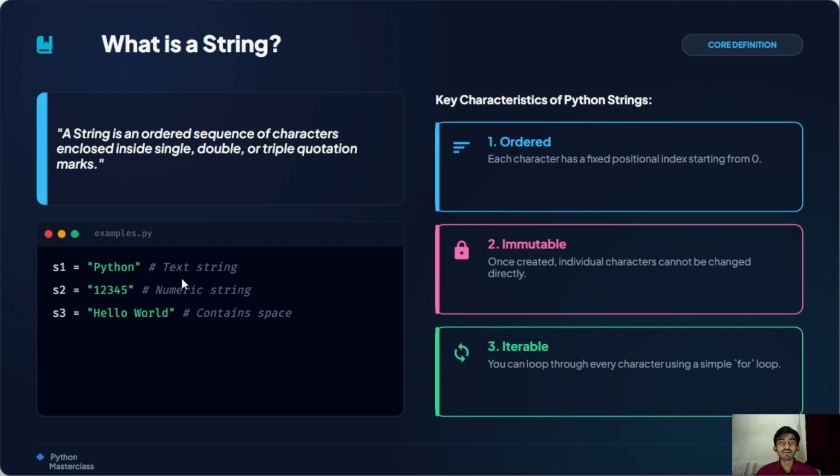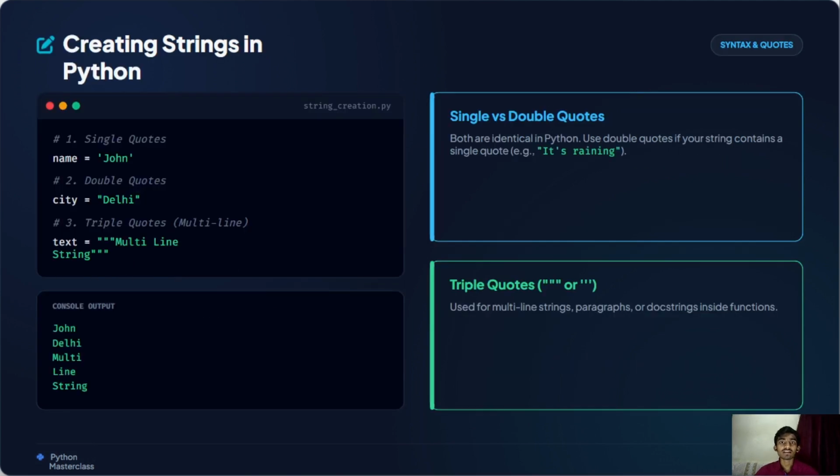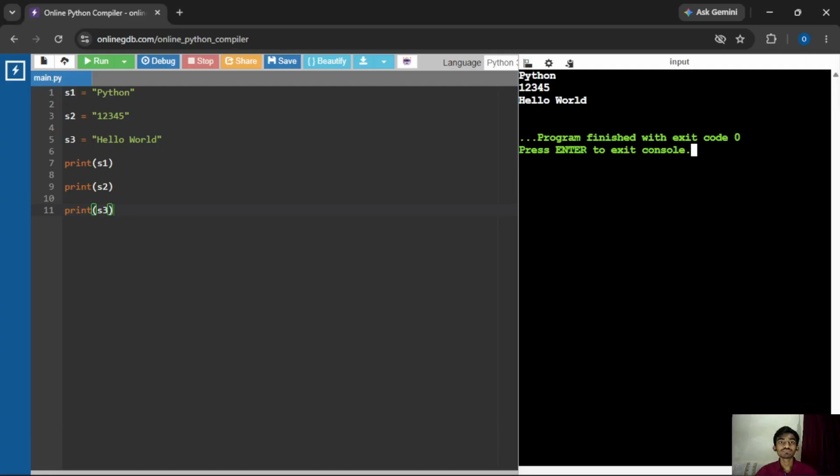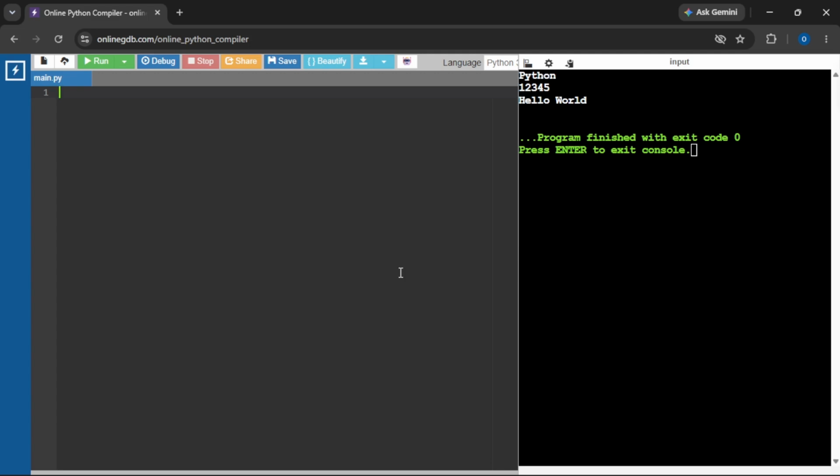Now, let's create our own string. Python provides three ways to create it. The first way is name equals John.